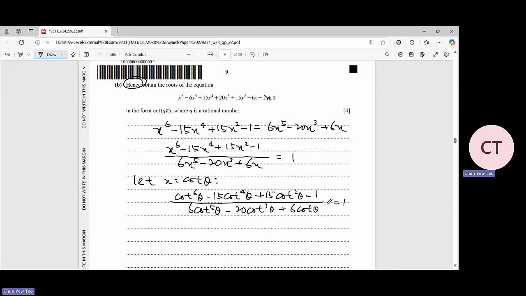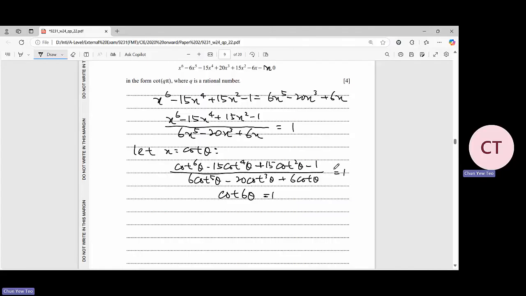And referring to the answer A, you know the whole thing here is equal to cotangent 6 theta equal to 1. So cotangent 6 theta is equal to cotangent of pi over 4. Referring to the general formula, 6 theta equals n pi plus pi over 4, where n starts from 0, 1, 2, and so on.